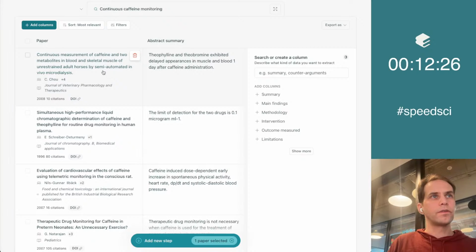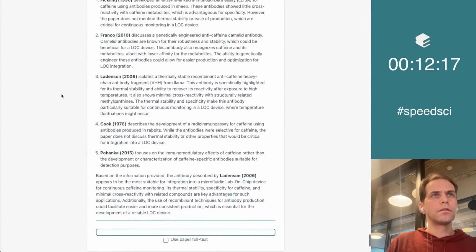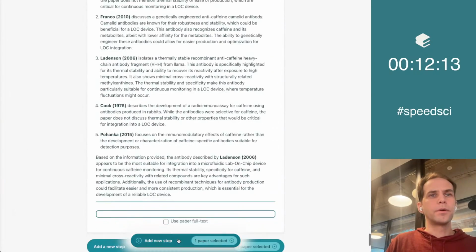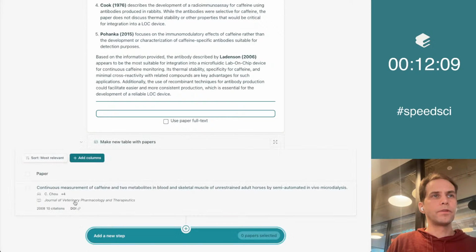That was the one about horses. Once again, I think it is worth looking into that one later. Actually, I am going to save this one paper by creating a new table with only that paper because I want to keep it around.